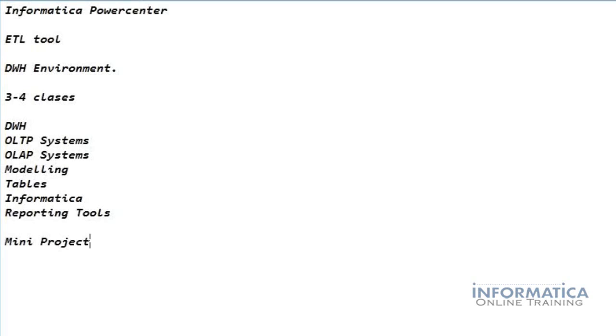When implementing, you will understand what your role is, what your responsibilities are, how the project architecture will be, right? What the process is, how the process happens in real time, and what the project life cycle is. We are going to understand all these things while we are dealing with this mini project. Okay. Since for the first 3 to 4 classes we are going to understand only the data warehousing environment or the data warehousing concepts.